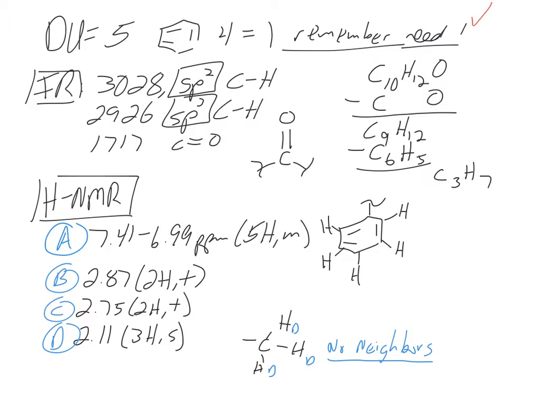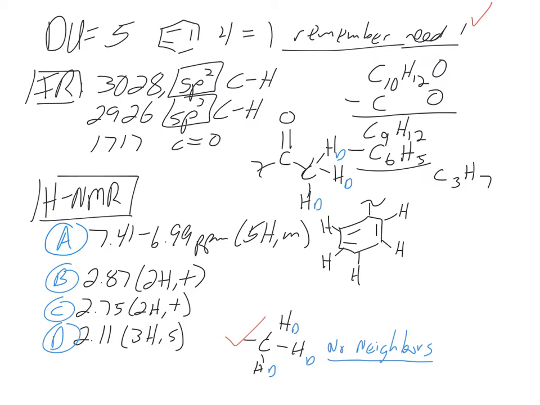If it's bonded to an oxygen, it would be probably around 3.5. Next to a carbon double bonded to an oxygen. Maybe next to a carbonyl. So maybe it makes sense that D is up here next to that piece. Because at 2.11 that would match. Does it have any neighbors if it's up there? Nope. So I would check that off.